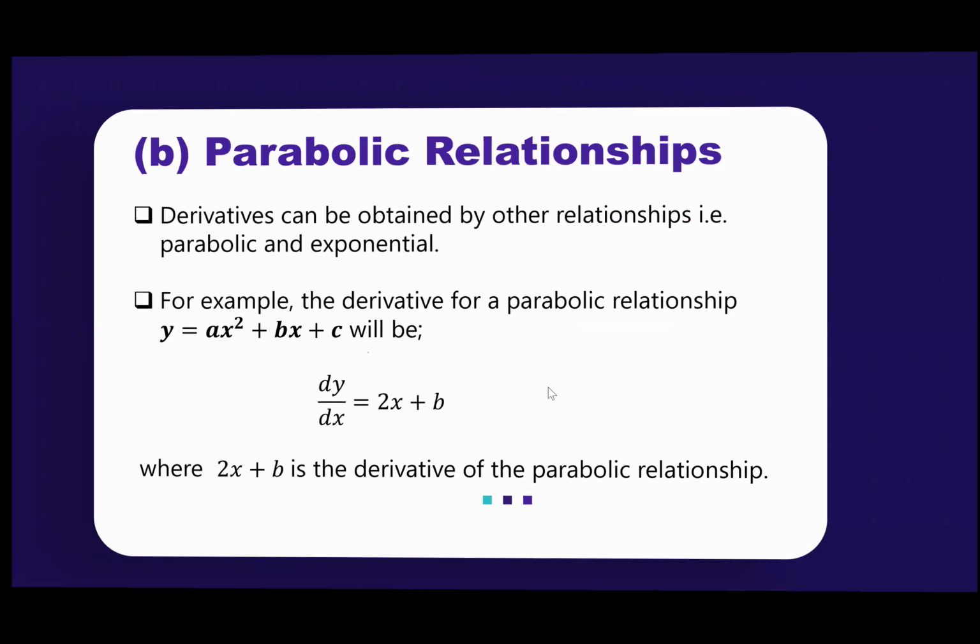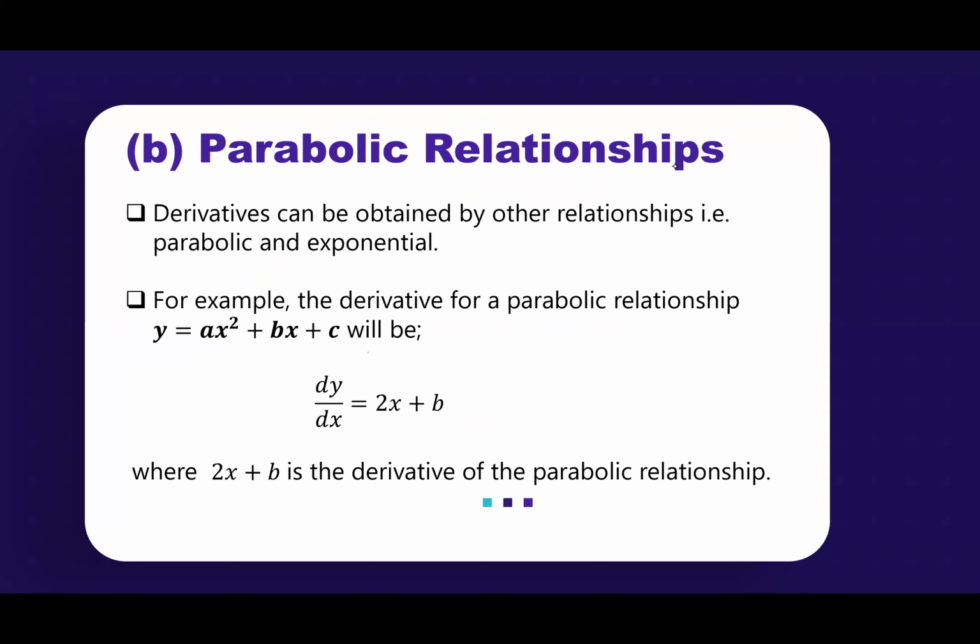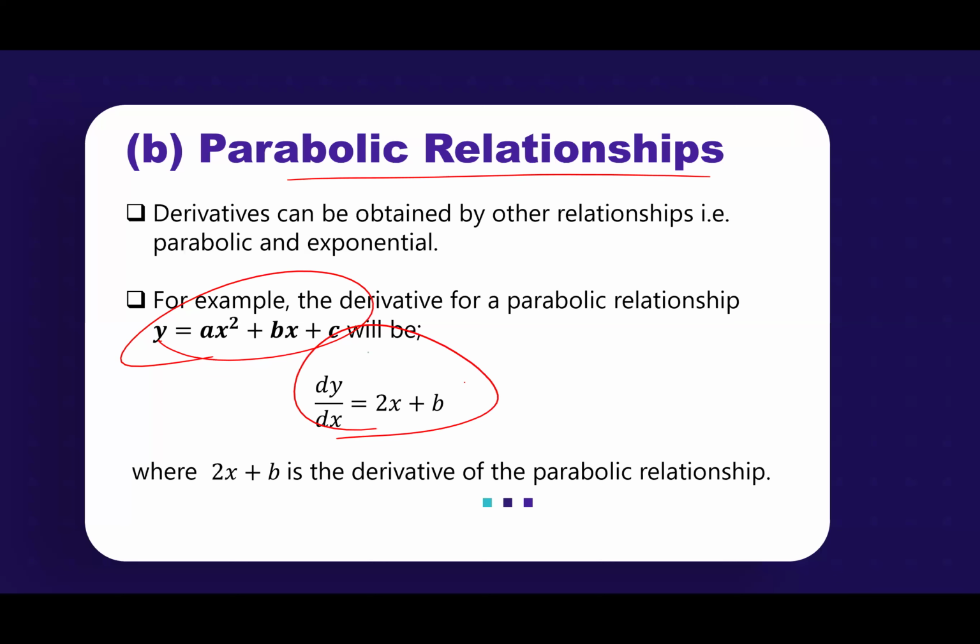If it is a parabolic relationship, like this one here, y is equal to ax squared plus bx, dy dx would be 2ax plus b, and that would be the first derivative for our parabolic relationship.